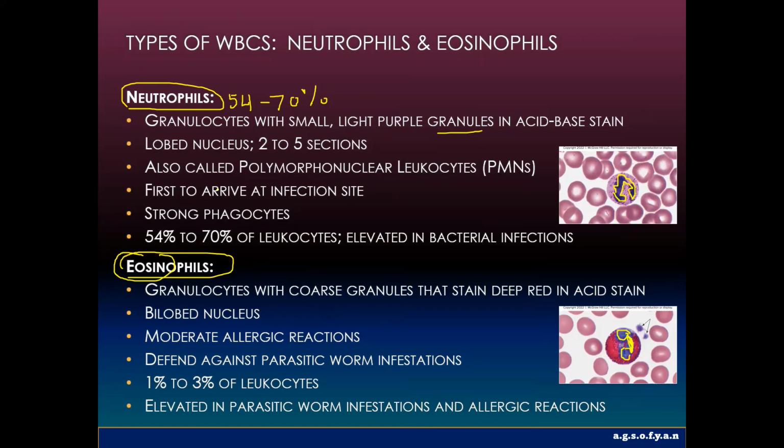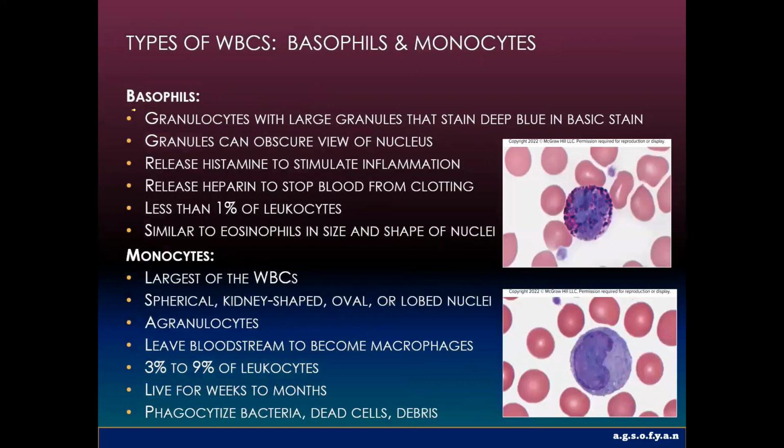So you can differentiate between neutrophil and eosinophil under the microscope easily. The next one is basophil. It has blue granules, and because of that you cannot really see the nucleus, because the nucleus is also blue in color. It's only 1%. So this is the least abundant type of leukocyte in our blood.